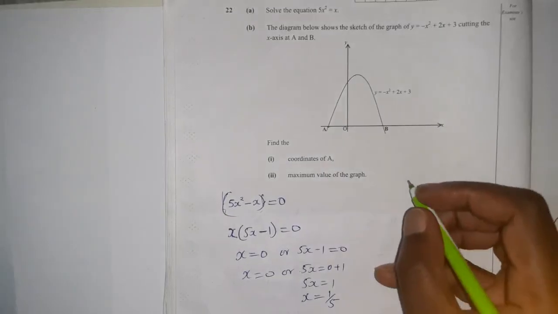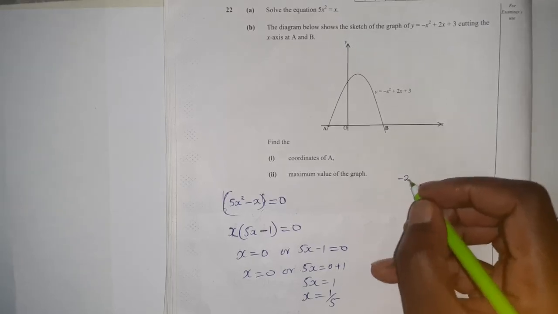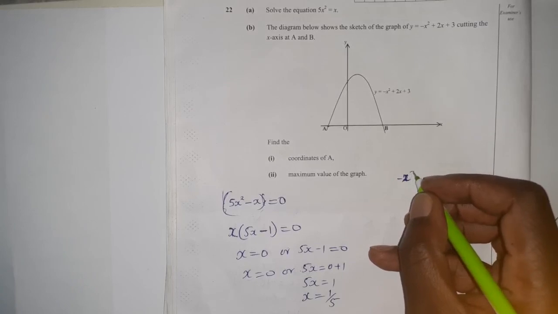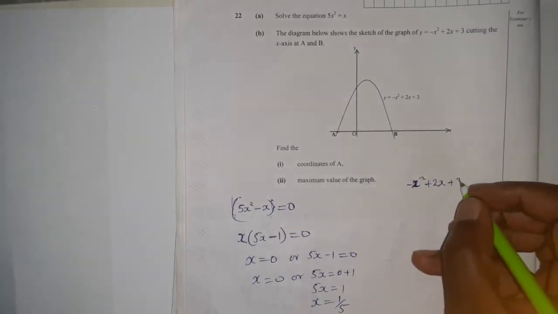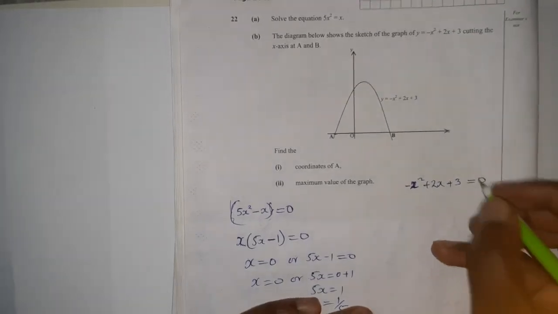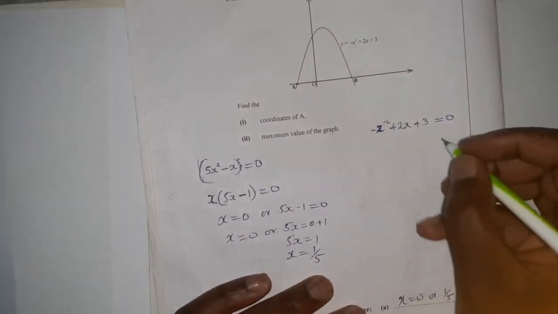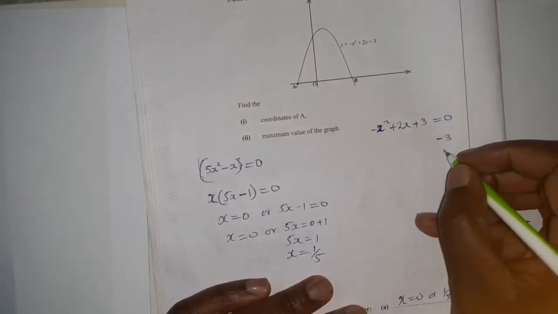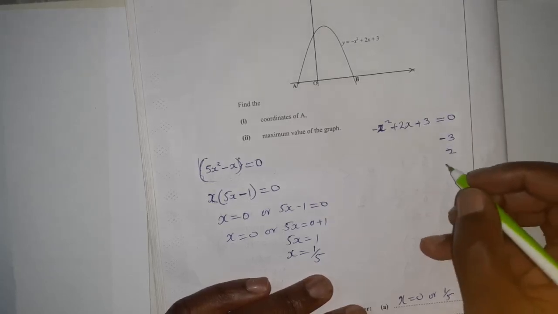So we just have to equate this whole thing to 0, which is negative x squared plus 2x plus 3, equated to 0. So we solve this one. Let's see if we can use the factorization method. We can use what?